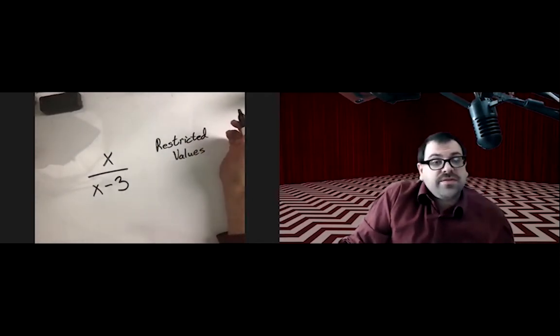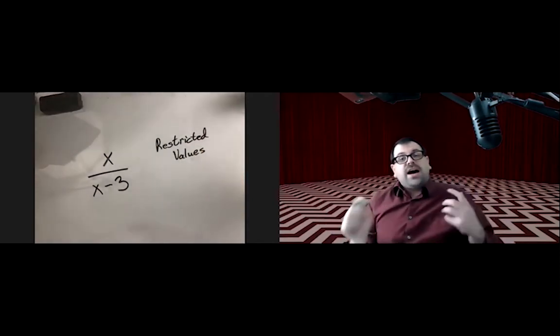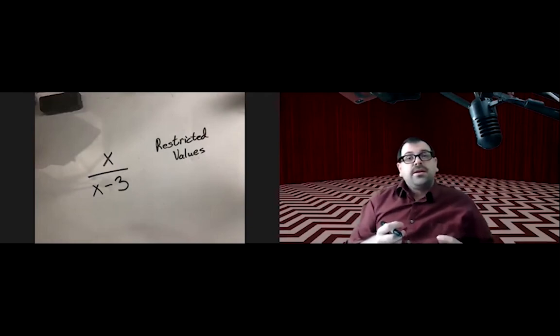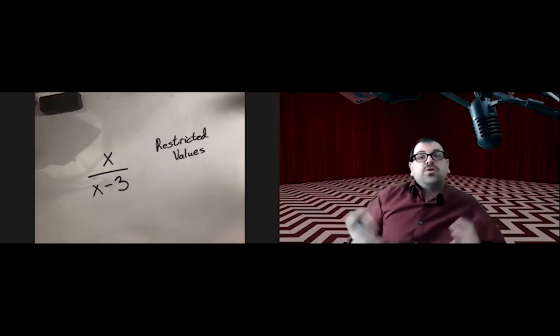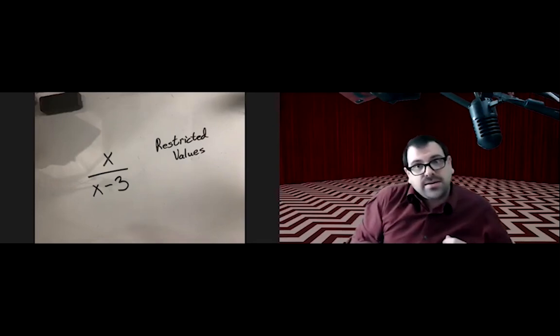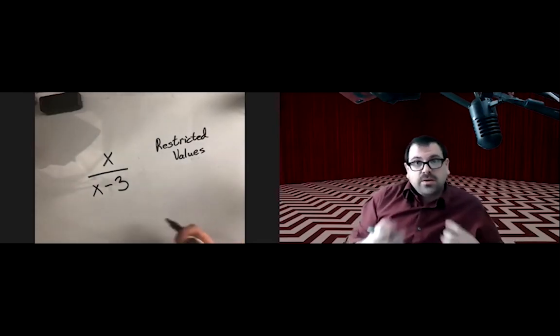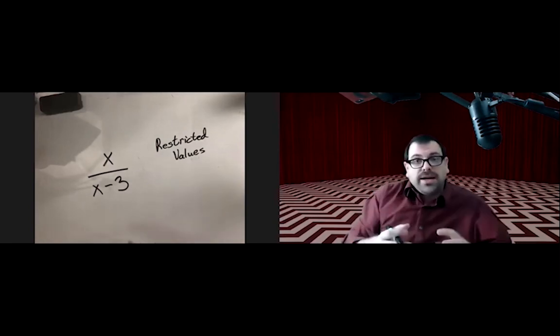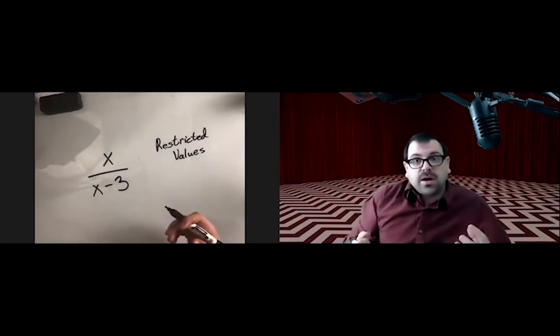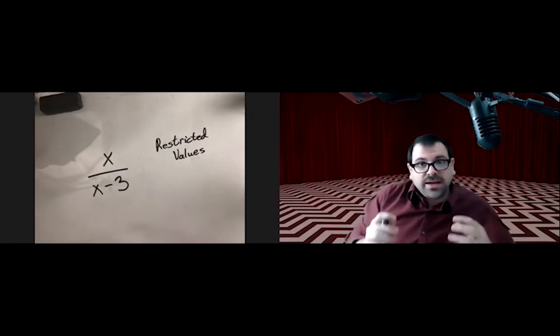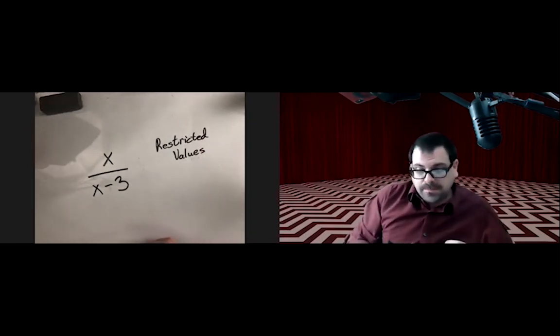So what are restricted values? Restricted values are values for x that cause our expression overall to be undefined. What causes things to be undefined? Well, denominators being 0, the bottom of a fraction being 0, divided by 0.